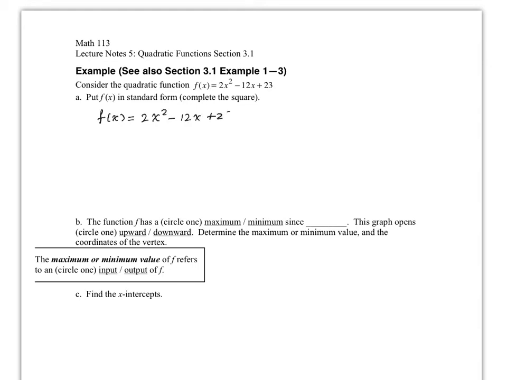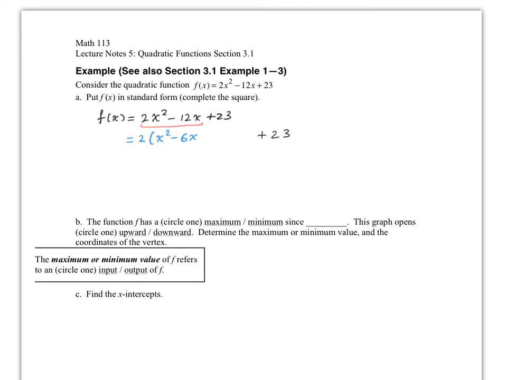To complete the square, you only focus on the first two terms. Then you factor out the number 2, so it will be 2 times (x squared minus 6x). And then the 23, just leave some space for it.